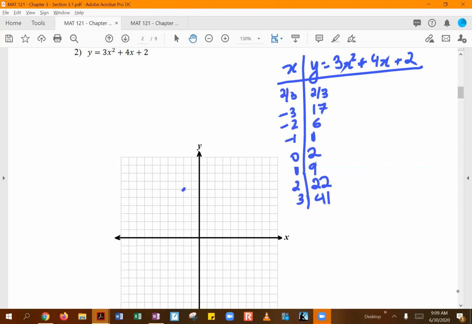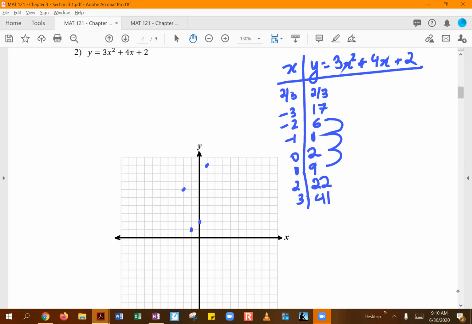Yeah, so unfortunately, those numbers will not be helpful for us, but we should be able to graph all of these here. So I've got the negative 2 and positive 6, negative 1, 1. Let's see, we've got 0, positive 2, and we've got 1, positive 9. Okay. And remember, our graph moved 2/3 units to the left.